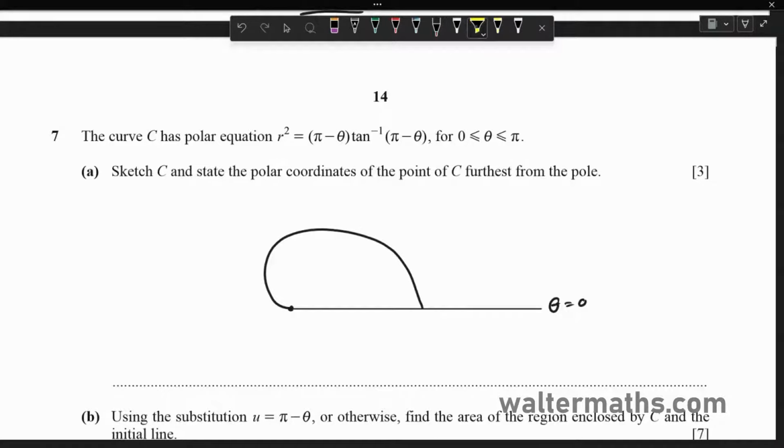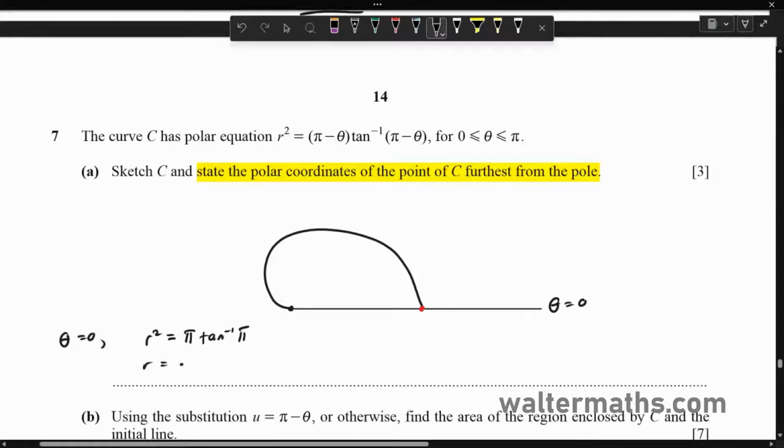Now here, the question also says we should state the polar coordinates of the point of C furthest from the pole. So the point furthest from the pole should be this point here, where theta is 0. That is, when theta equals 0, r squared will be equal to, so we substitute 0 for theta, pi arctan of pi.